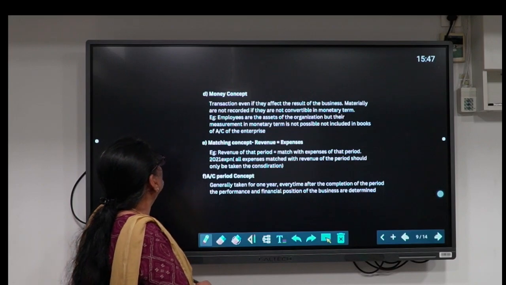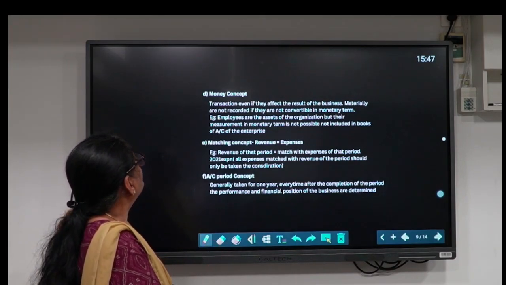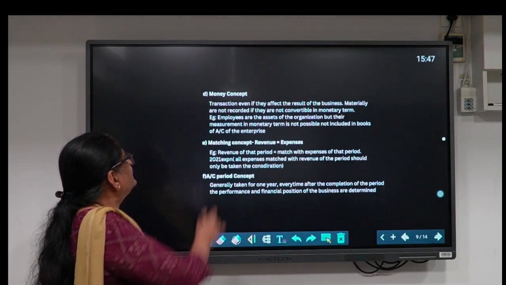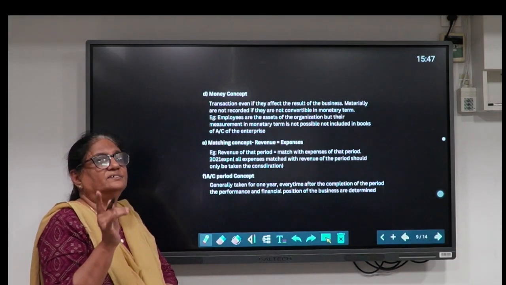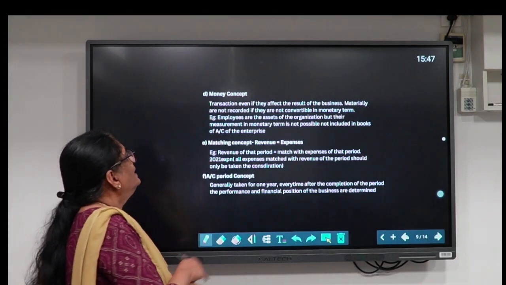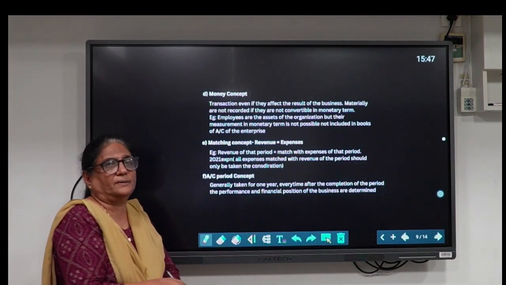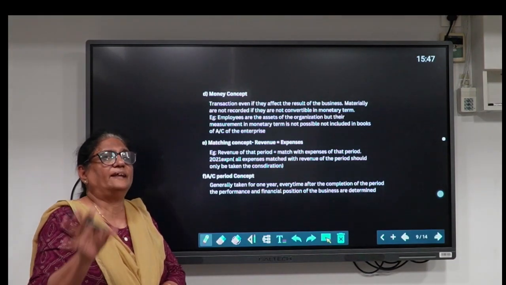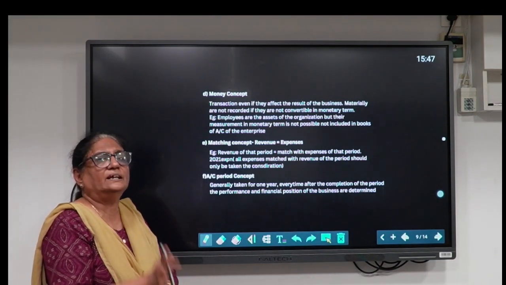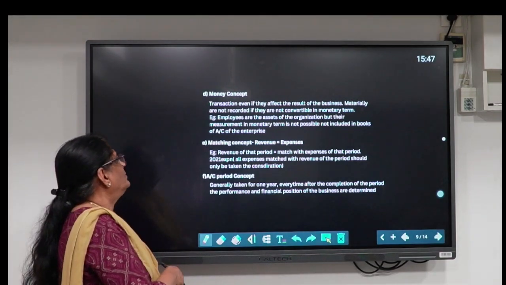Even if transactions affect the result of the business materially, they are not recorded if they are not convertible into monetary terms. For example, employees are an asset of the organization, but it is not possible to include them in the books of accounts. What we pay to them will be recorded, but though they are very efficient, they are not brought into the books of accounts.